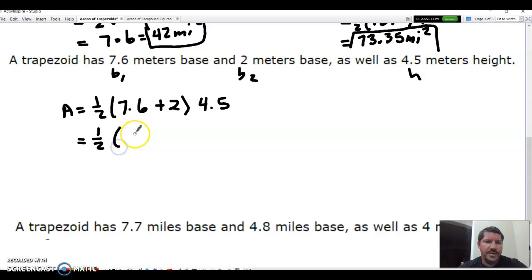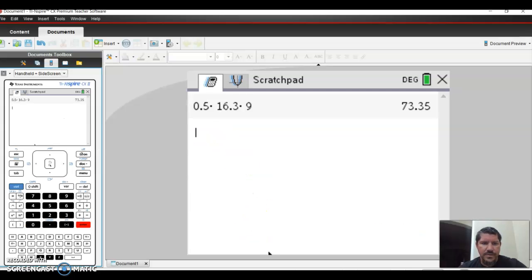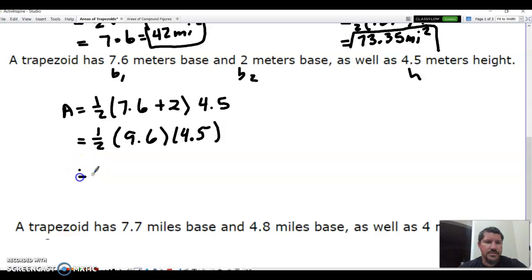So half times 9.6 times 4.5 gives me 21.6 meters squared.